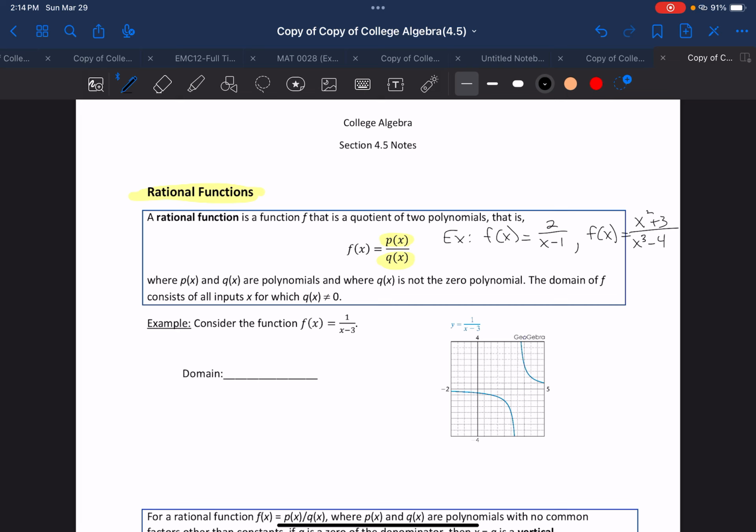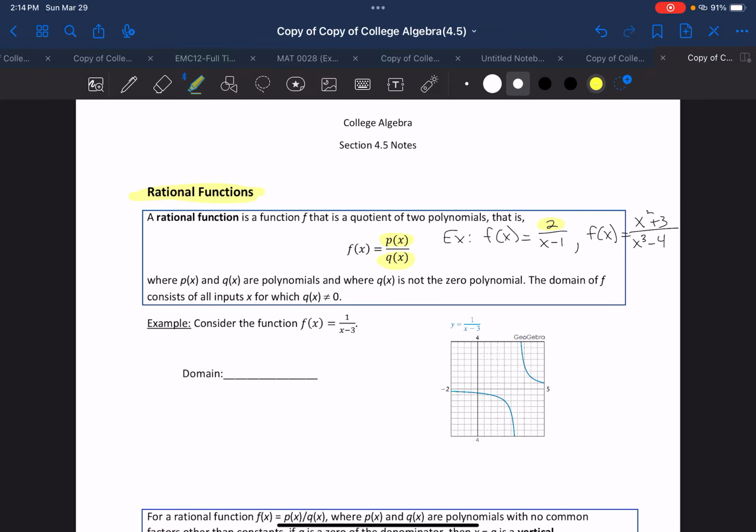But more specifically, the denominator has to have a variable in it in order for it to be a rational function. So both the numerator and the denominator are considered polynomials because even constants like this 2 is a polynomial.